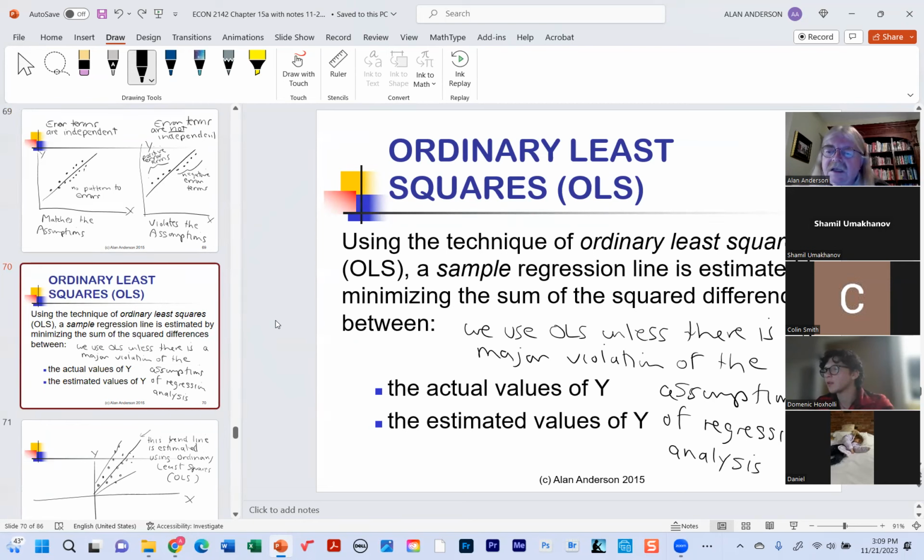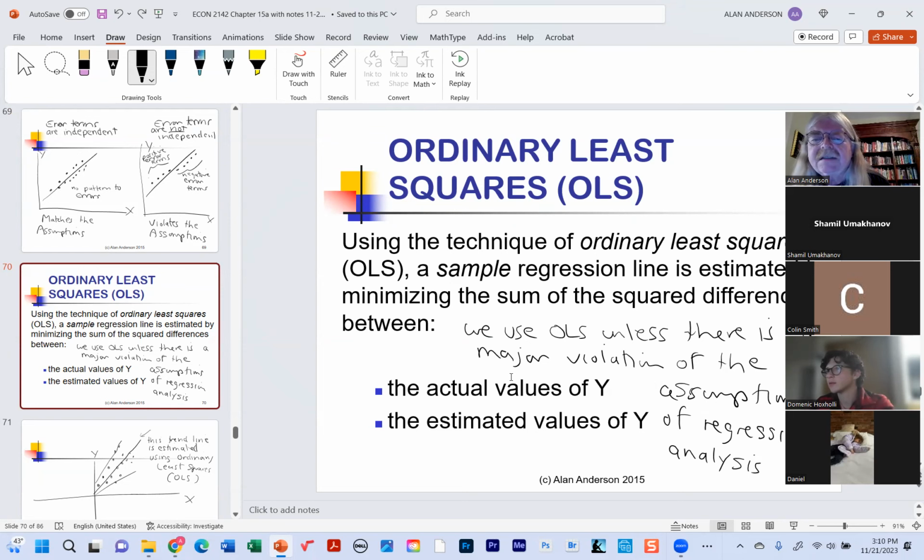It's the simplest one, and it works very well unless we have major violations of the assumptions of regression analysis. Then we have to try something different. All right, so the majority of the time, this is what we're using. In this class, this is the only technique we'll be using. And that's what's built into your calculator and Excel, the ordinary least squares technique.